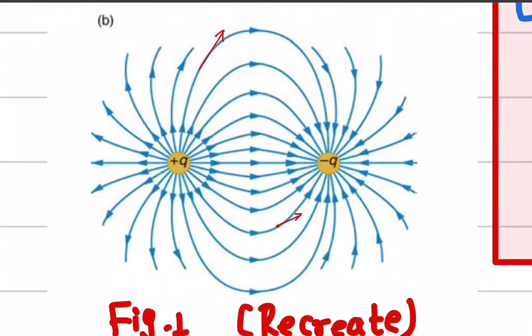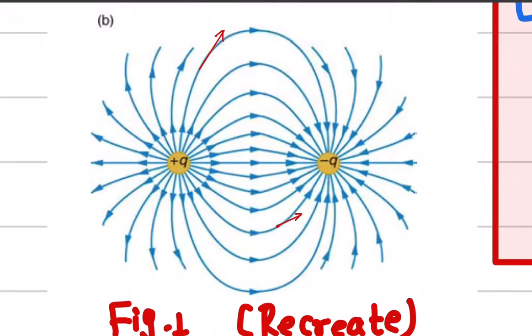So again, if you draw the tangent at any point, the tangent gives you the direction of the total electric field. How do you map out this kind of electric field lines? Let's say you have a positive charge and a negative charge. If you bring a positive charge here, then it will try to move in this direction. Now if we bring the positive charge here, it will move in this direction.